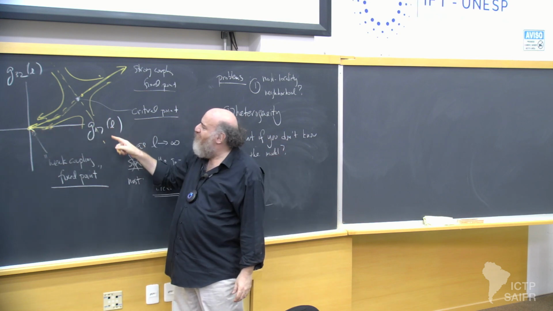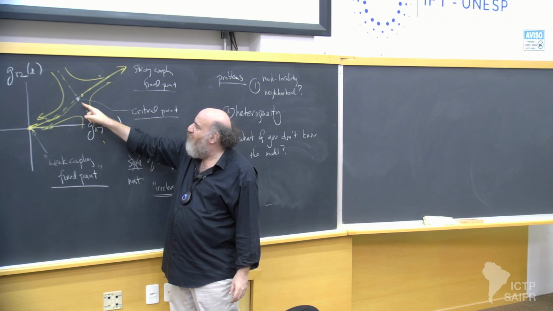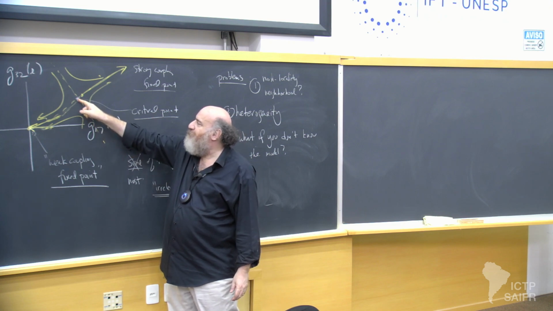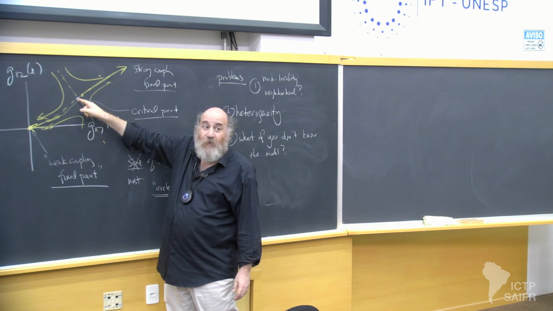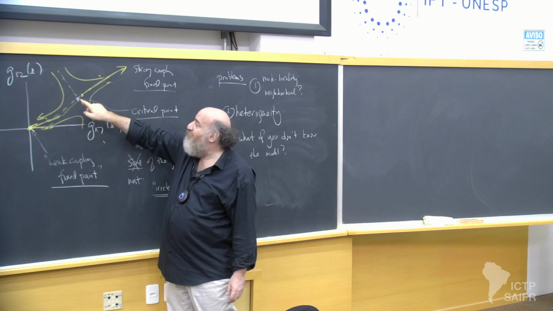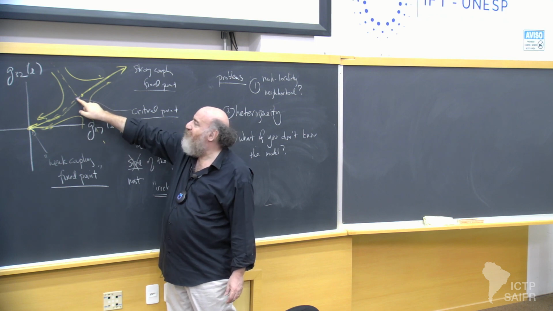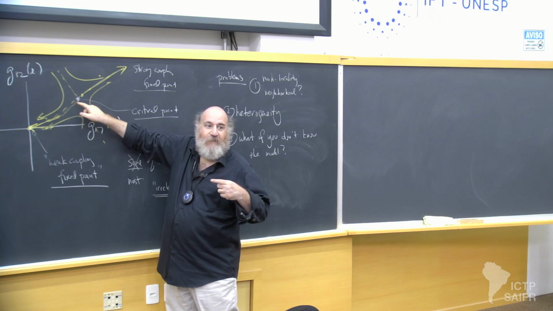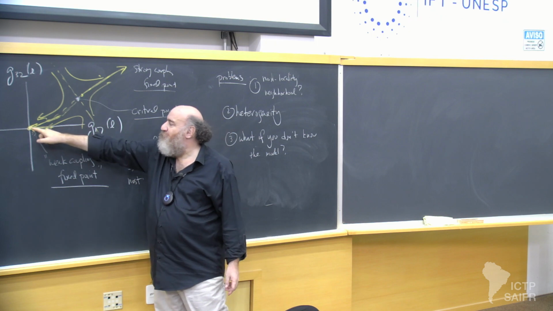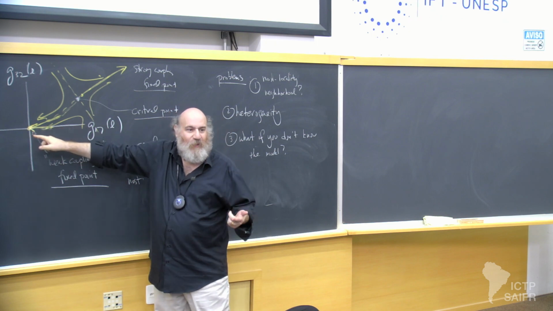And then if for some reason you're able to track along here, something special might happen. If you actually hit this point, although it's unstable, it is a fixed point. That means there's a probability distribution here that will look the same as you do the coarse graining, in the same way that the Gaussian looks the same when you do coarse graining.